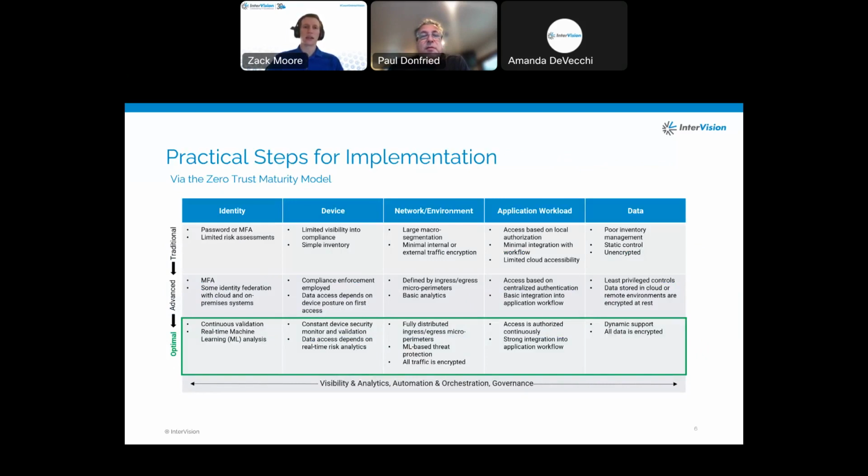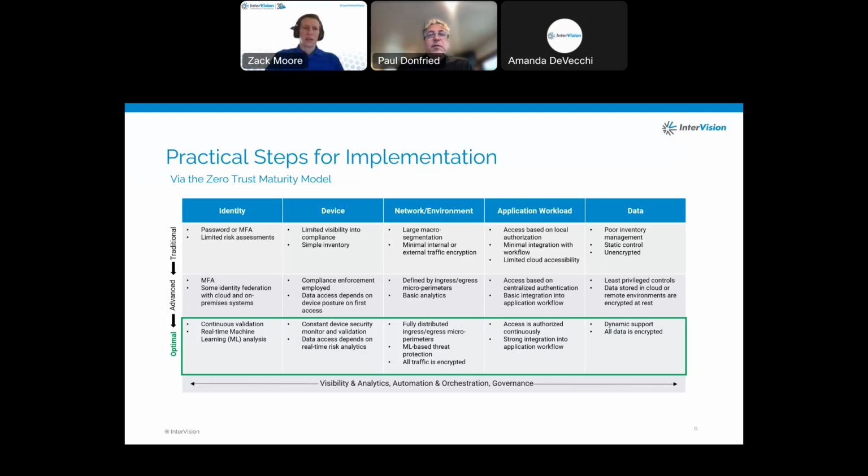This is a common theme out there when people are having conversations around zero trust of what it looks like to move from some traditional controls and kind of a beginner level amongst all of the different things that you can implement for zero trust to what it looks like when you get up to an optimal level, when you're implementing the latest and greatest tools, techniques, and procedures, when you have the correct things in place to implement zero trust across all of your resources, including identity, your devices, your network, your applications, and your data in motion.